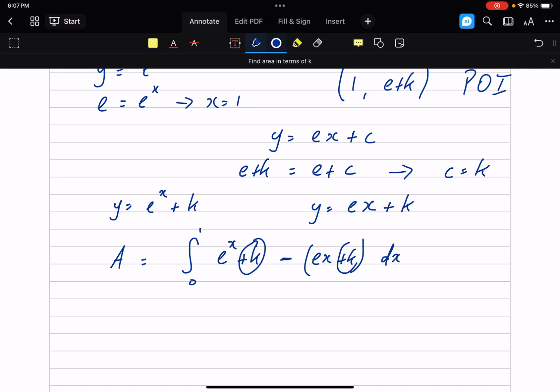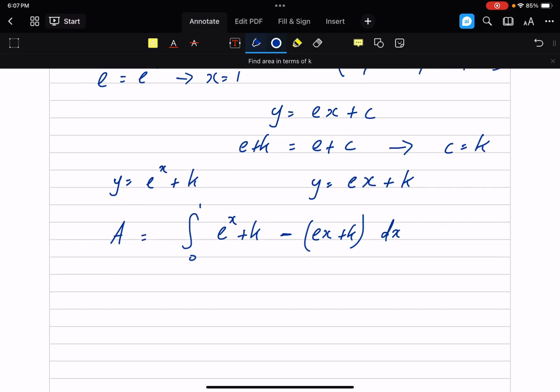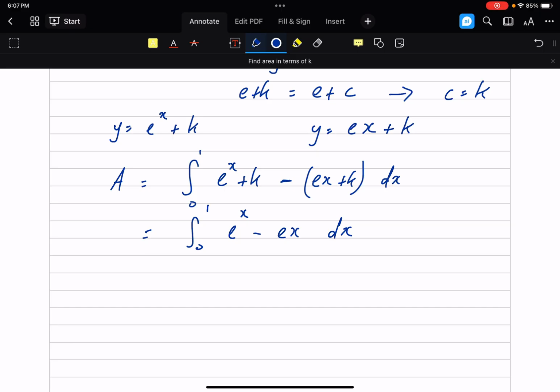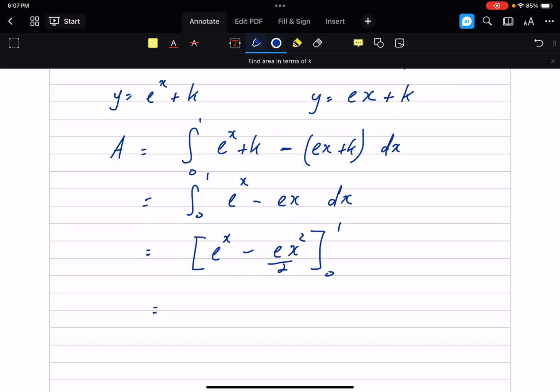Clearly that k minus that k cancel each other out, so we get this rather simple integral after all of that effort. Integral of e to the x minus e x is e to the x minus x squared on 2, from 0 to 1.